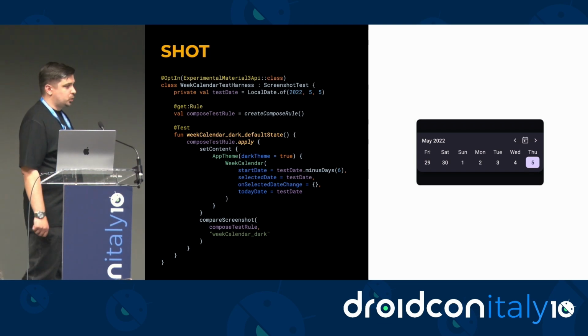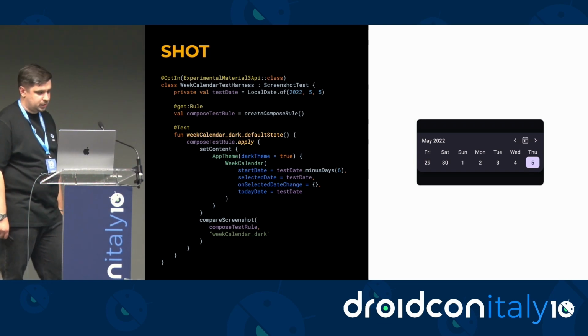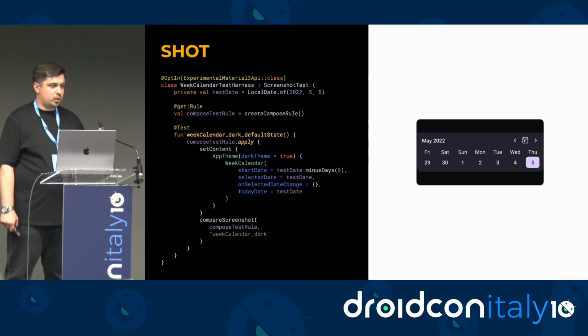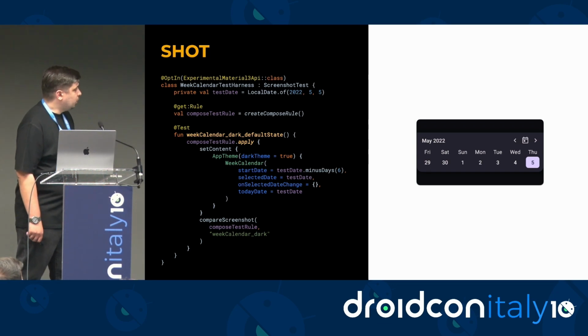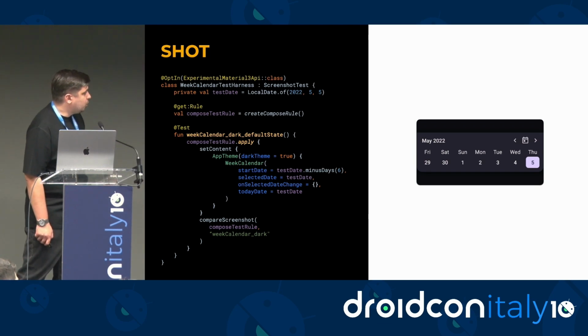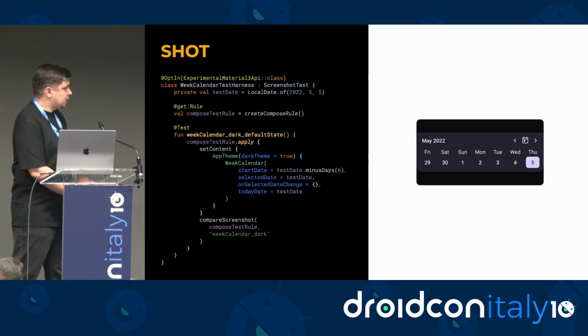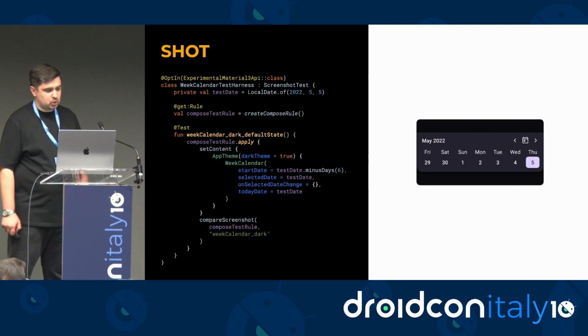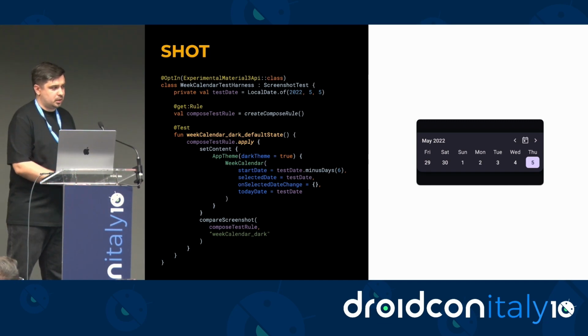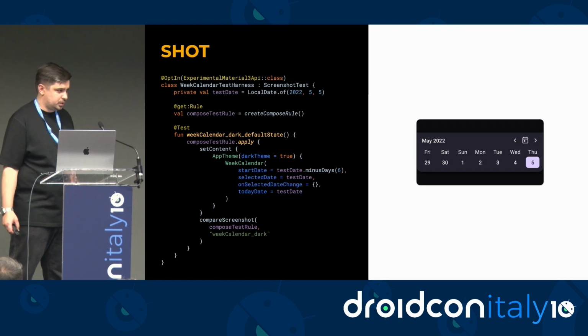And every time when we run this test, we will use the same data. Later on, we create our composable test rule. And after it, we can add that our theme will be in a dark mode. We add our component with some test data. And at the end, we just compare the result of our screenshot test.